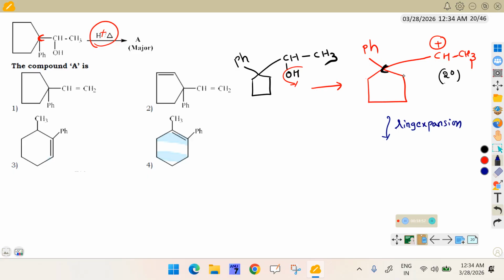Break the bond between carbon and carbon. Then one carbon gets a positive charge, another carbon gets a negative charge. Now, attractive forces are developed between the newly formed negative charge and the already existing positive charge.